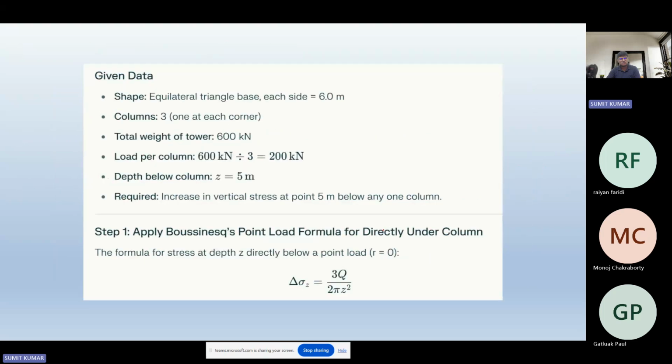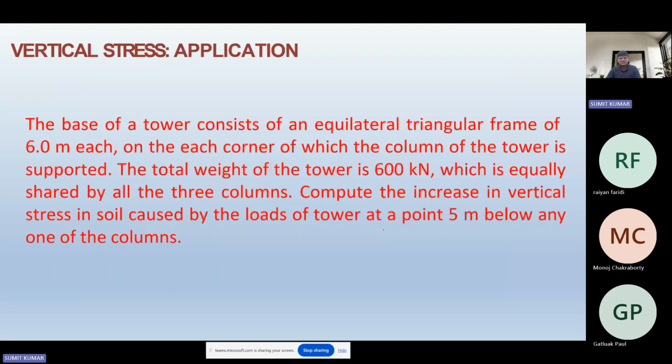But the question also asks about the effect of the other two, no? I think so. Let me see. The question says compute the increase in the vertical stress in soil caused by the load of the tower at 5 meter below one of the columns.